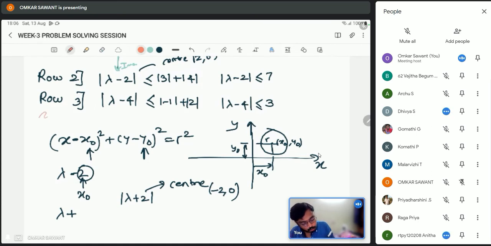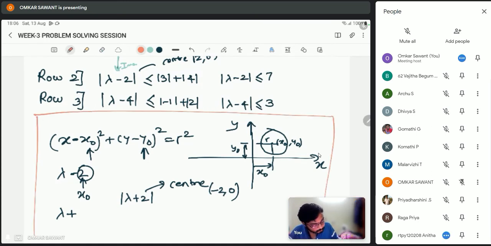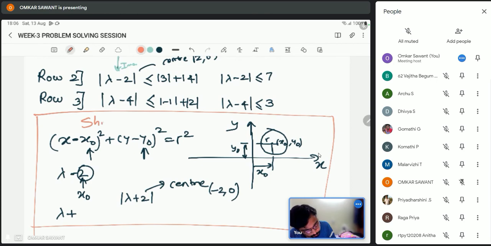Are you getting what I am trying to say? This is the shift of the origin, right? So for row 3, what will be the center of the Gershgorin circle? 4 comma 0, right?